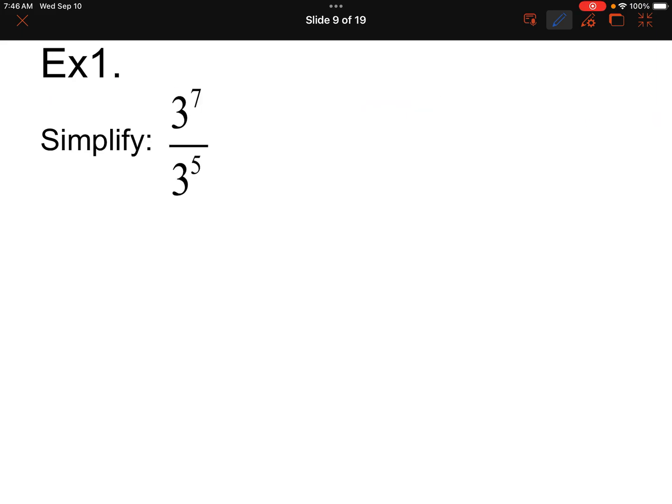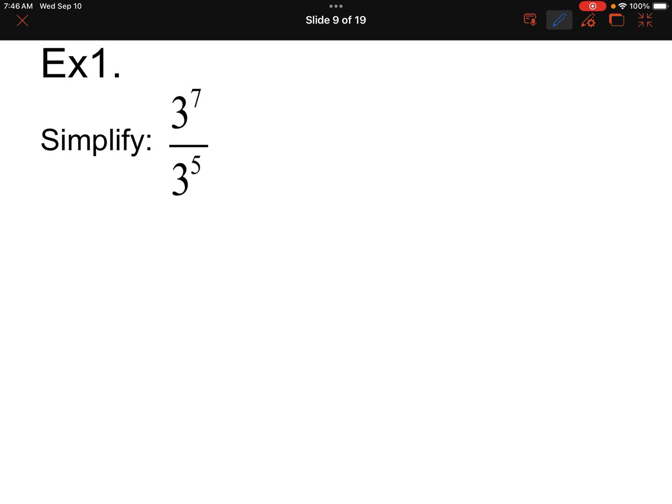Okay, we're going to start a little differently. Instead of me telling you what to do, we're going to start by seeing how would you approach this. And some of you might be like, I've got to take 3 to the 7th divided by 3 to the 5th. That's going to be a lot of multiplication and a lot of division, if we didn't know any shortcut rules.